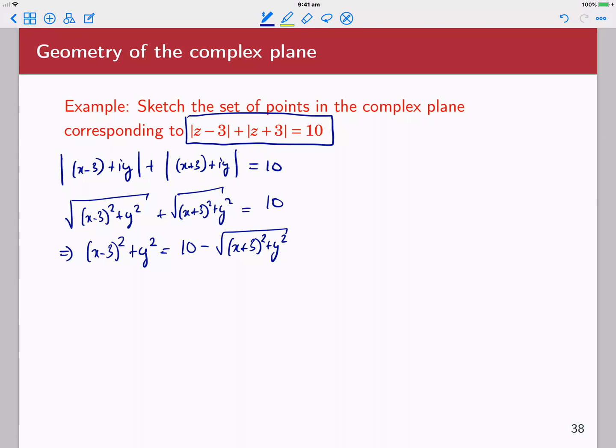I don't know why I forgot the square root here, sorry about that. But now I square both sides, so the square root on the left disappears. And if I square the right hand side, I have to use that formula, a minus b squared is a squared minus 2ab plus b squared.